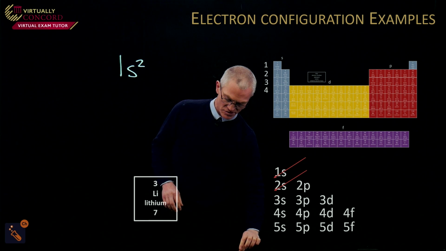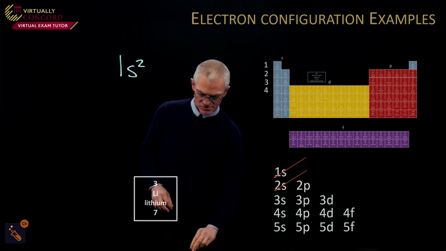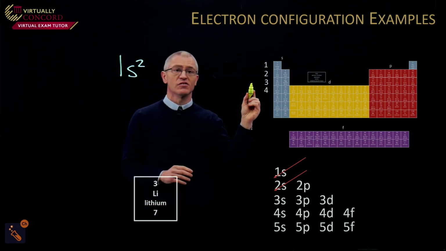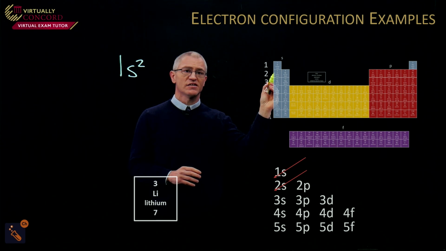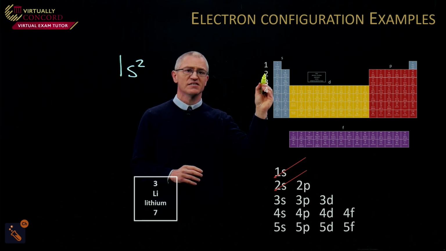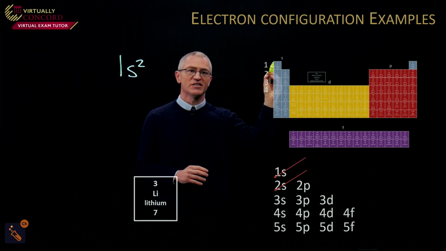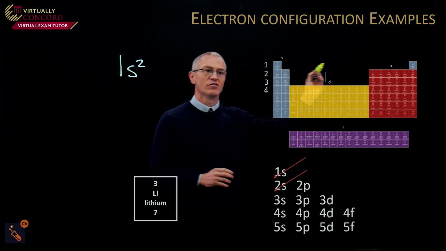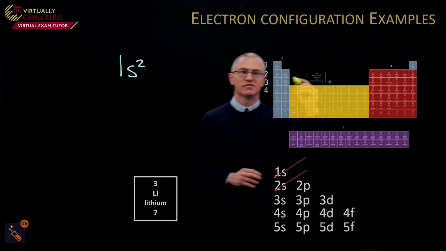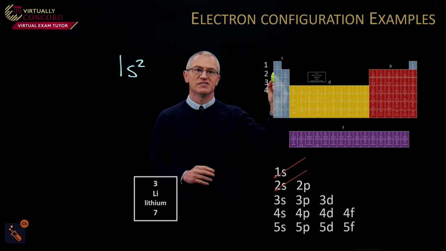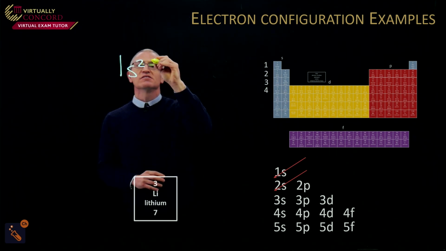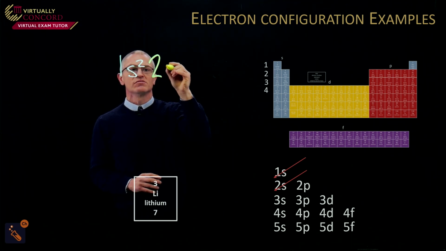Then at that point, we're going to go, right, the third electron, well, that third electron's here. That's in the second. Remember, each box is 1 electron, so I'm just counting 1, 2, and then 3. So that's in the second shell. It's in the S subshell, so that would be 2s.